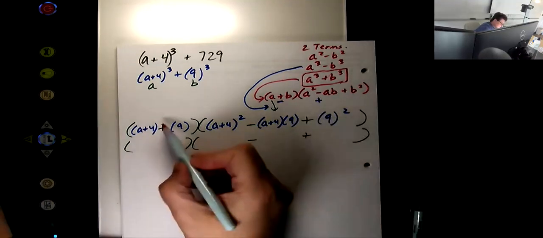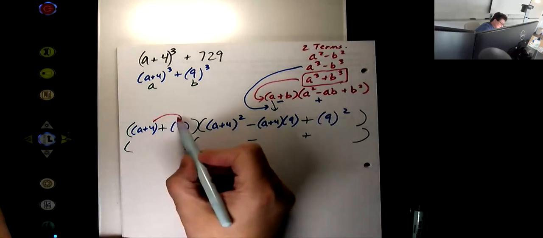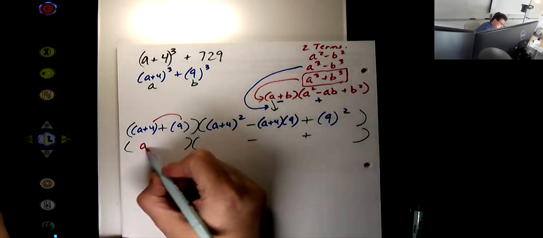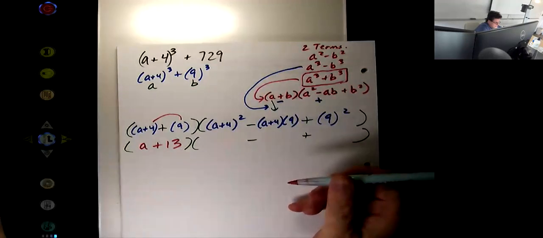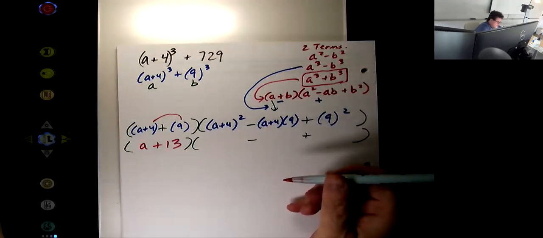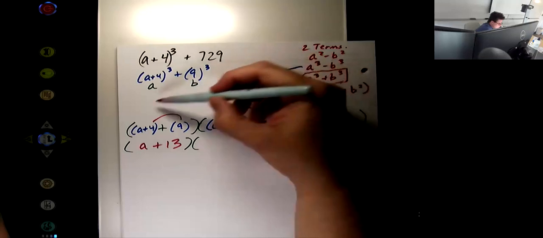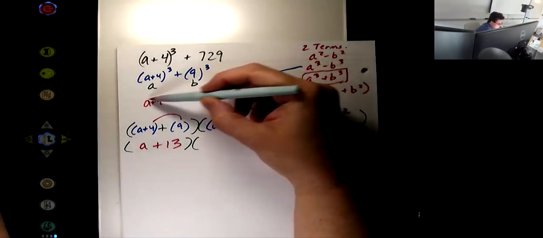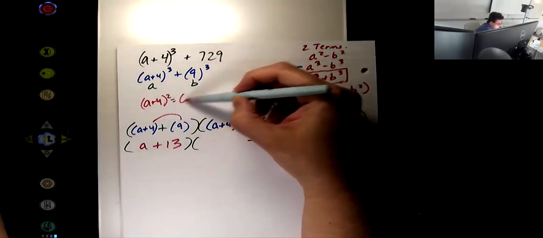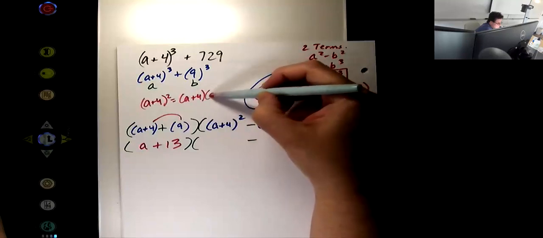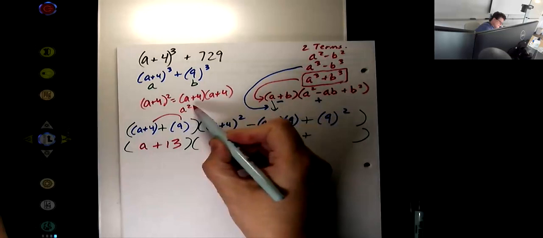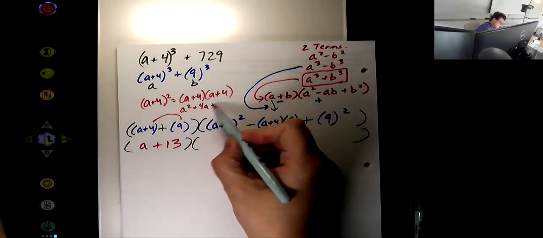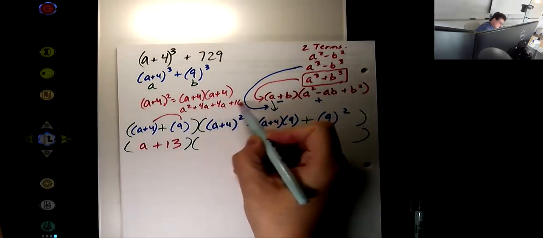In a plus 4 plus 9, I can add the 4 and the 9, and that gives me 13. Doing (a + 4) squared might be handy to do over here on the side. That's (a + 4) times (a + 4), so we get a squared plus 4a plus 4a plus 16.